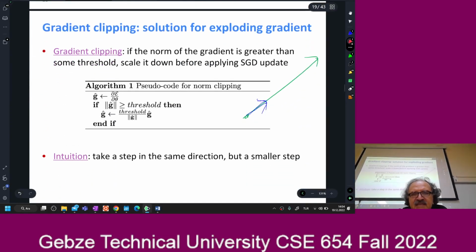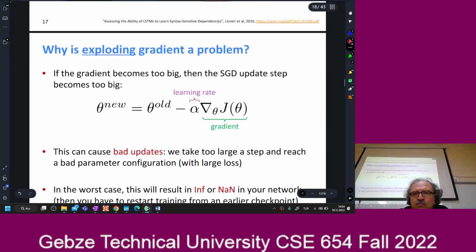Another thing is the exploding gradient. Okay, you measured your gradient, it is too big. If it is too big, you are going to move your search to some very distant place where your solution does not exist. Okay, you don't want to do that. You don't want to move your search to some unrelated place.